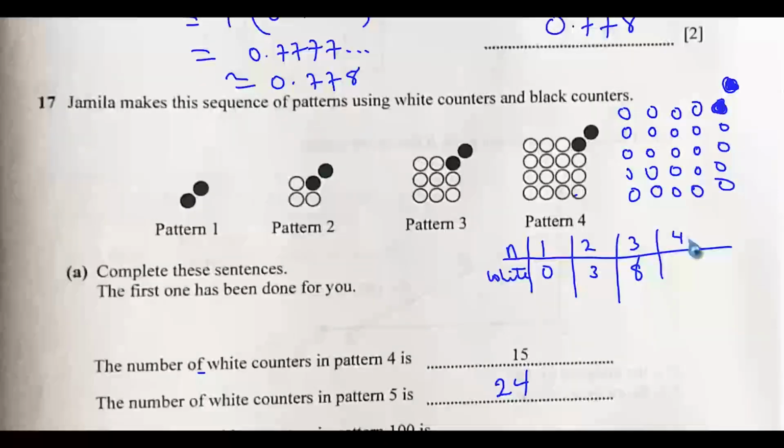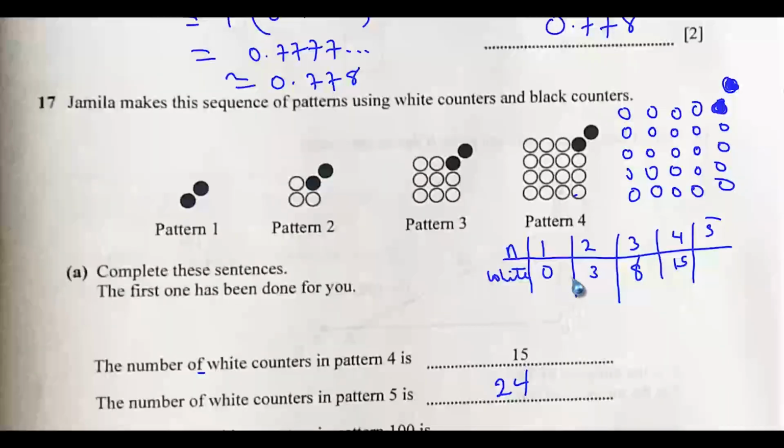For the fourth, we have 15 white counters. For the fifth, let's say we don't know this, so we can check what we have here.